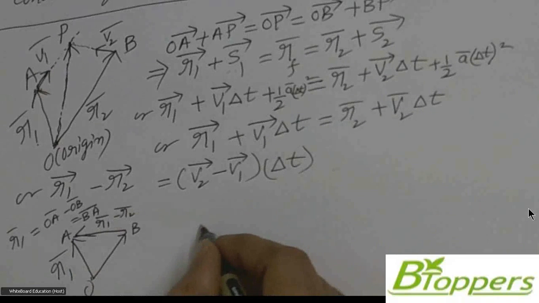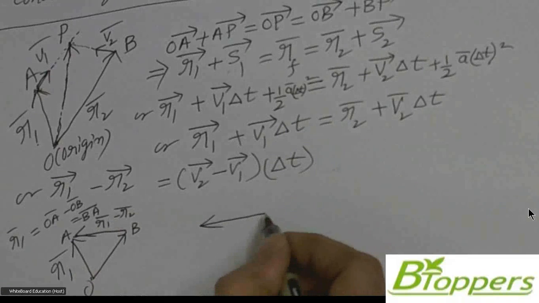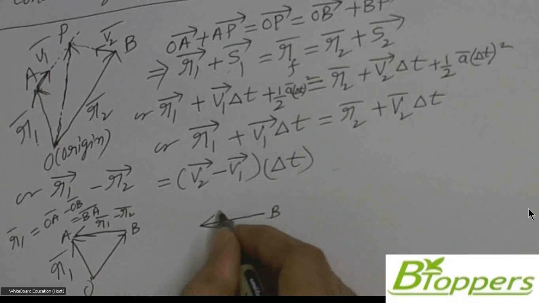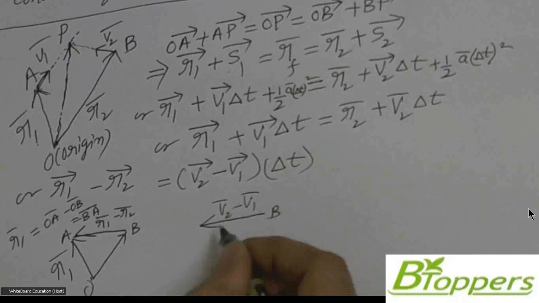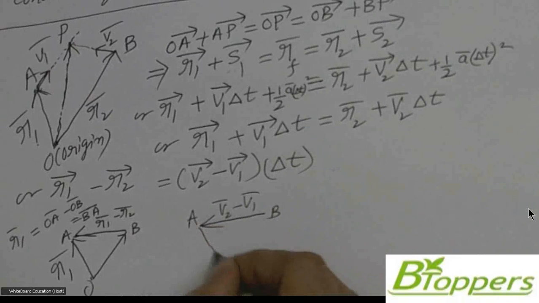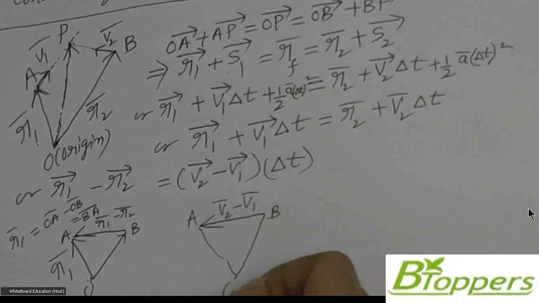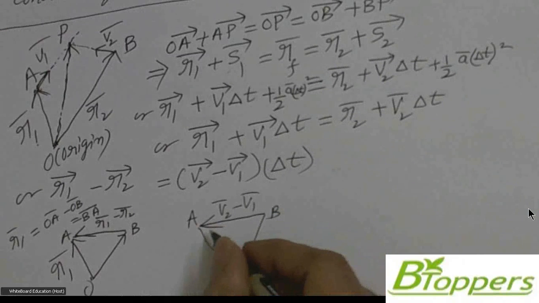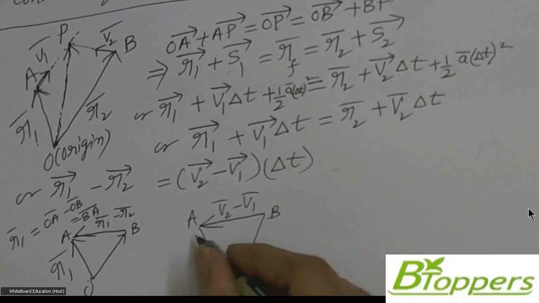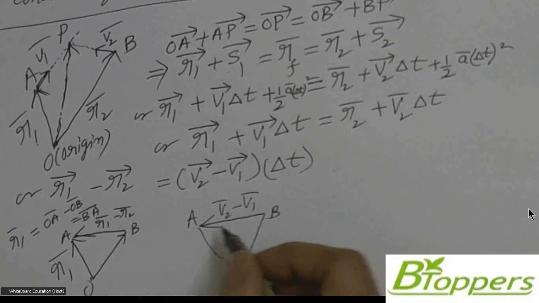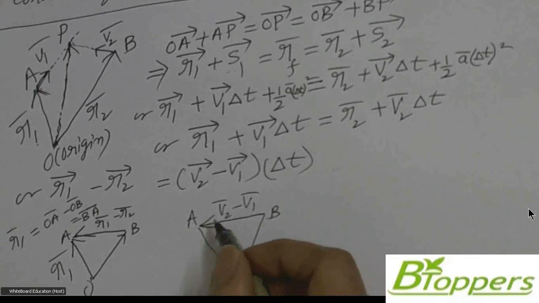That means for collision to take place, the relative velocity of the particle B with respect to the particle A should be directed towards the first particle A along the line joining the two particles.